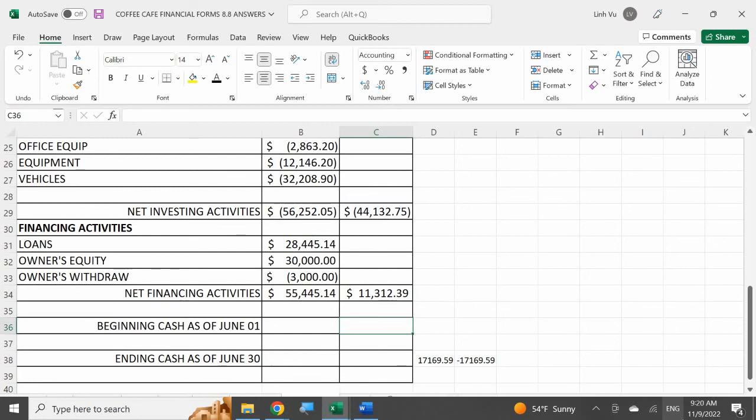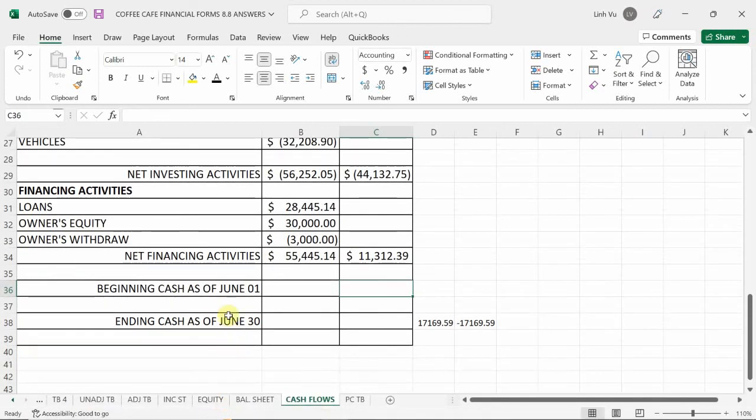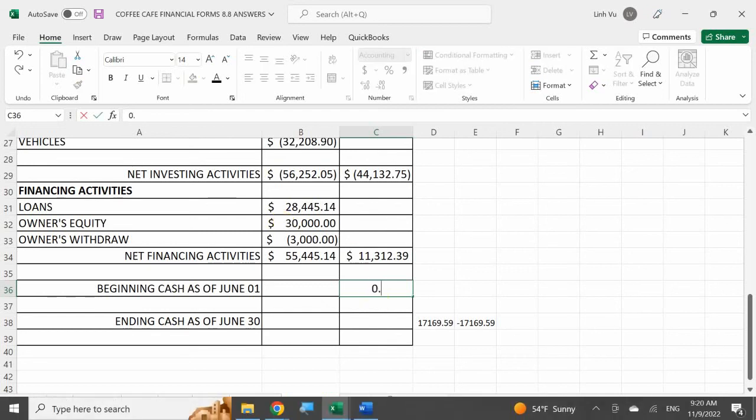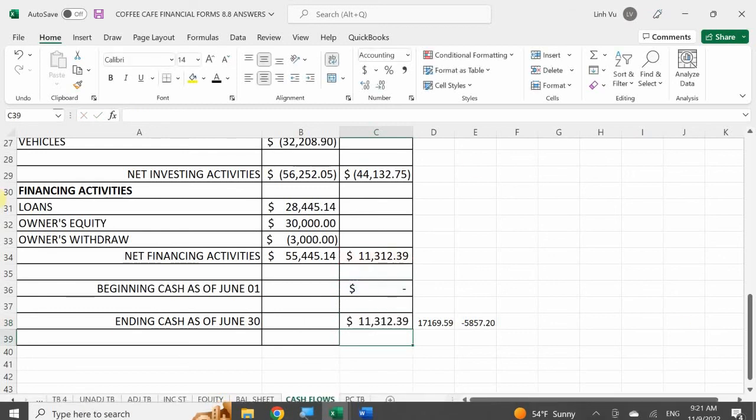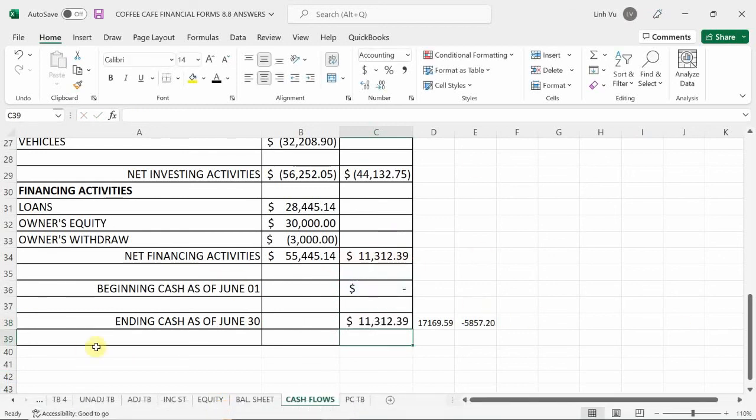11,312.39. That's what I have calculated as well. And what did you start the bank account with on June 1st? If I invested that $30,000, that means I must have started at zero. So your total cash that you should have should be $11,312.39.